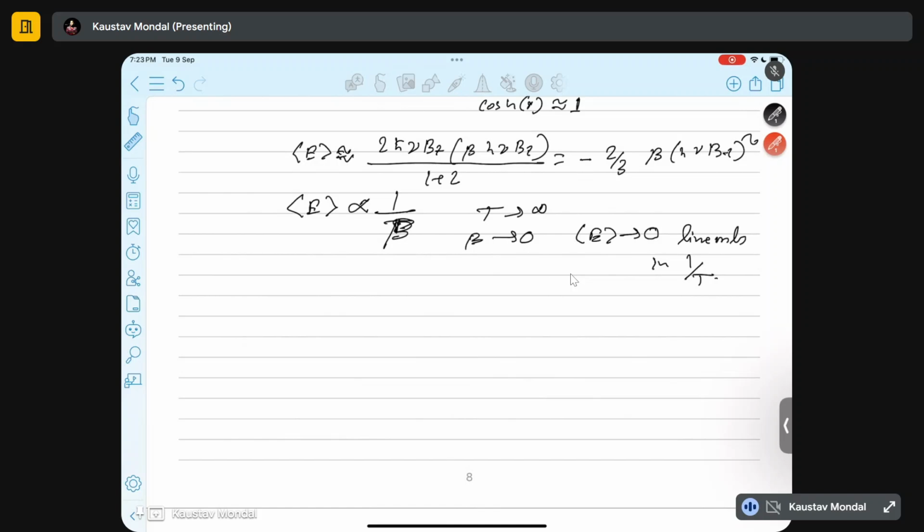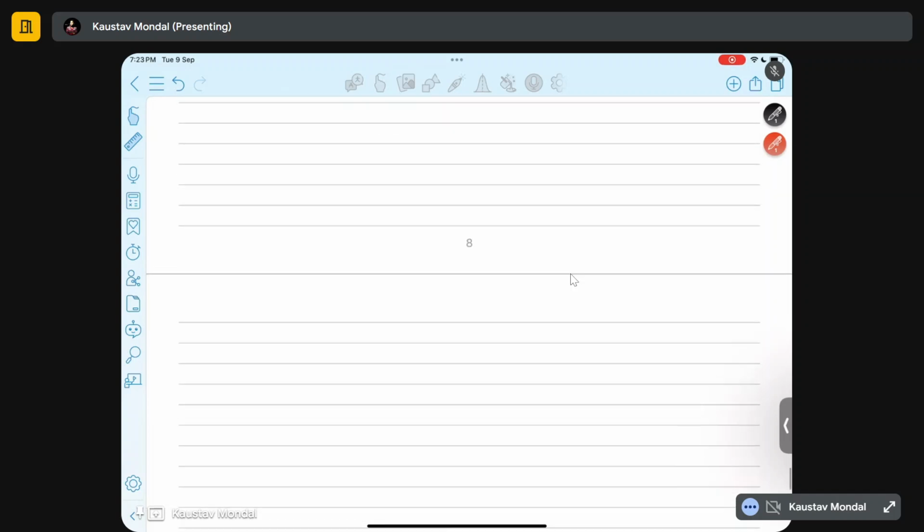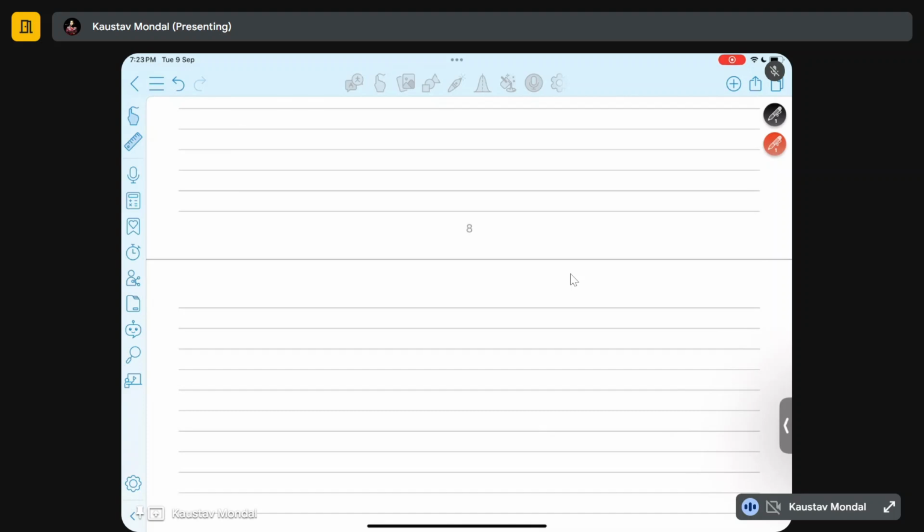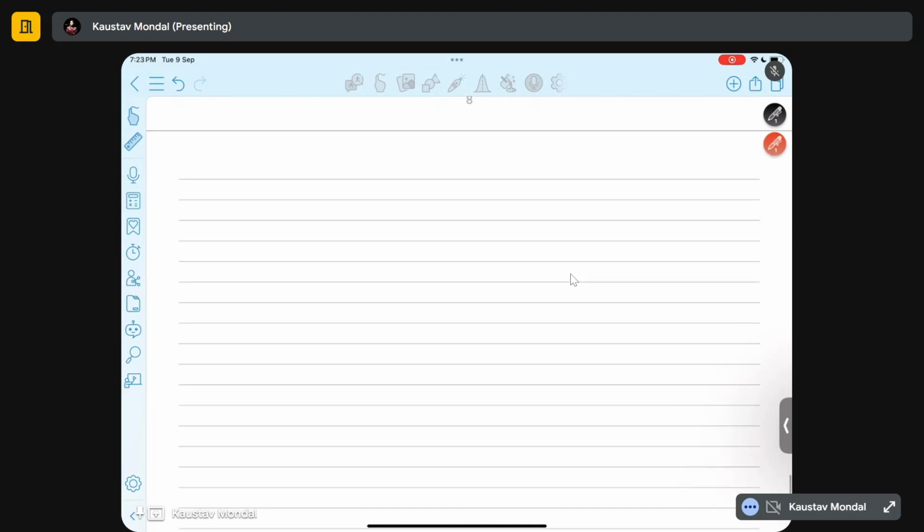So it will only be prominent when the temperature of the system becomes much higher than room temperature. So still we look into it. Okay, so let's write the vibration.